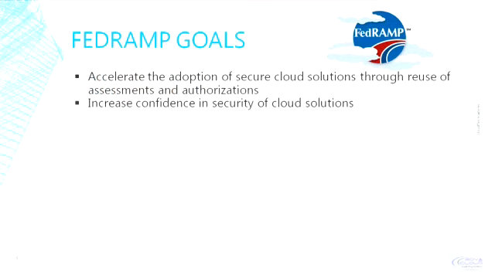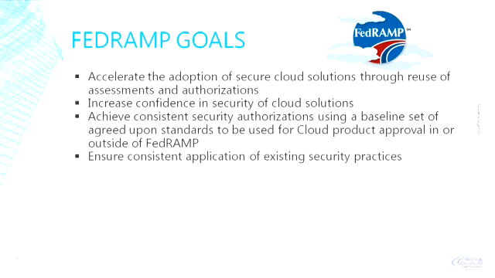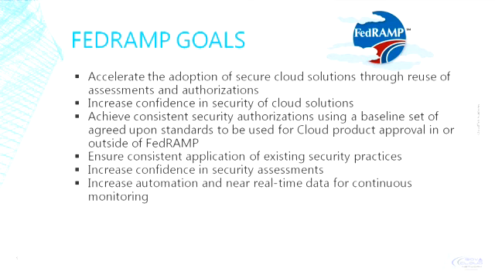It is supposed to increase the confidence and security of cloud solutions, achieve consistent security authorizations using a baseline of agreed upon standards. It's designed to ensure consistent application of existing security practices, increase the confidence in security assessments, and increase automation and near real-time data for continuous security monitoring.